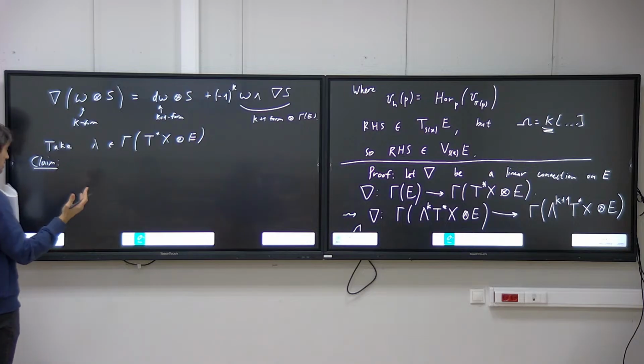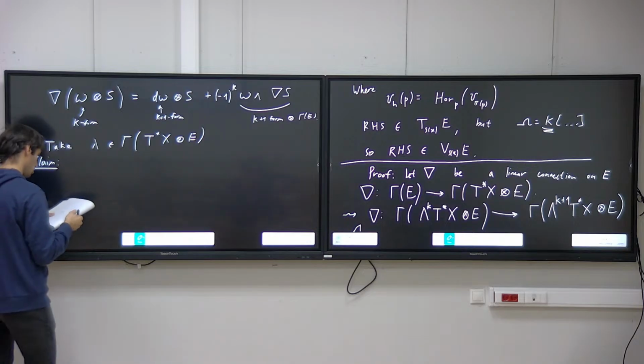And since this is a generalization of d, it's not surprising that it should be like that.